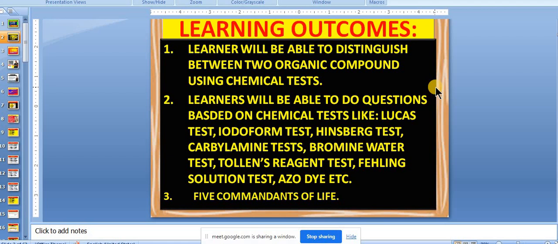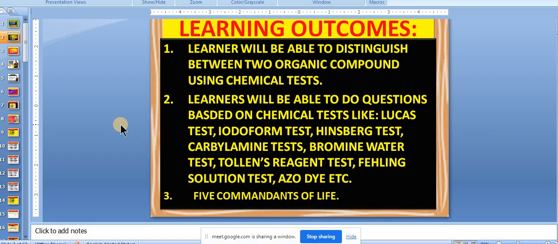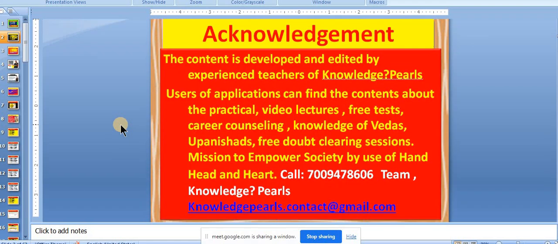These tests we are going to cover. Apart from that, we will learn about 5 commandments of life, 5 things we can introduce into our life so that our life will become easy and free flow. Okay, so let us start.